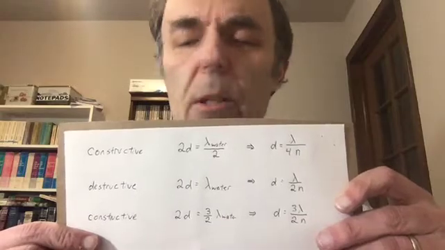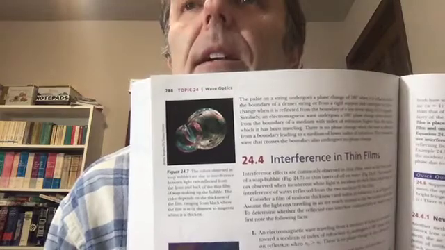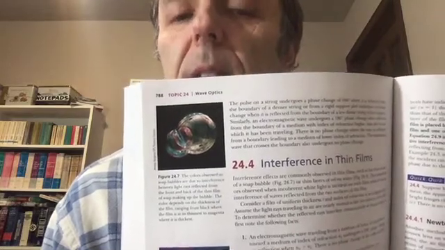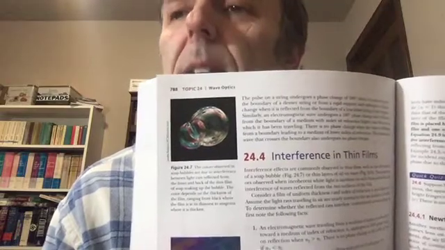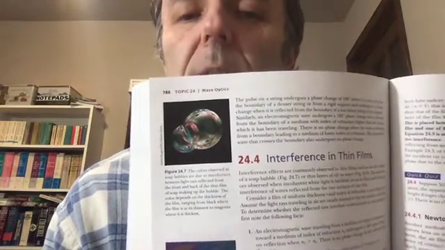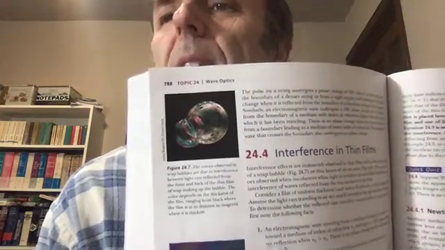Now, what happens with these bubbles? With the bubbles, the surface of the bubble doesn't have a uniform thickness. Sometimes the thickness is thicker in some places than others. So when the light comes down and hits it, in some places you get constructive, and some places you get destructive interference. And remember what we said last class.